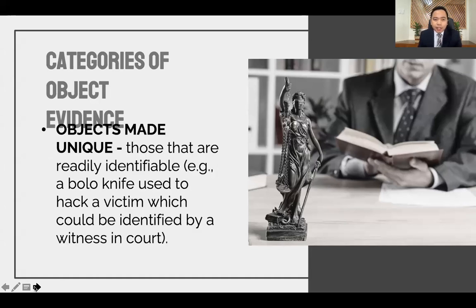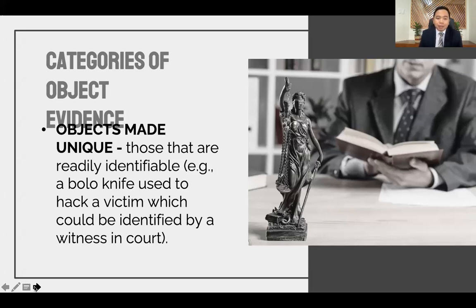Now, second is objects made unique. What do you mean by objects made unique? This refers to evidence that becomes readily identifiable. Example, a bolo knife used to hack a victim, which could be identified by a witness in court.